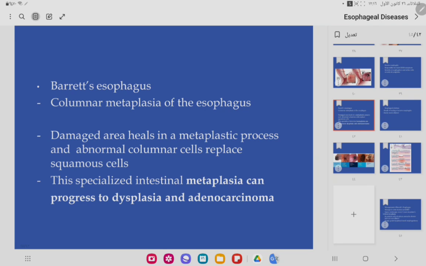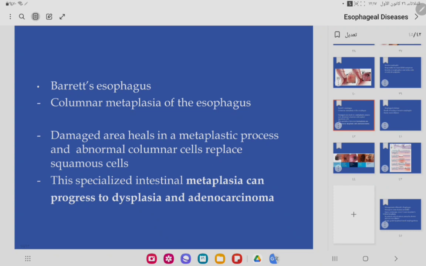Usually we have squamous epithelium, but when it changes to abnormal columnar, this is called Barrett's esophagus. Very rarely, they might progress into dysplasia and cancer in long-standing, untreated gastroesophageal reflux disease.